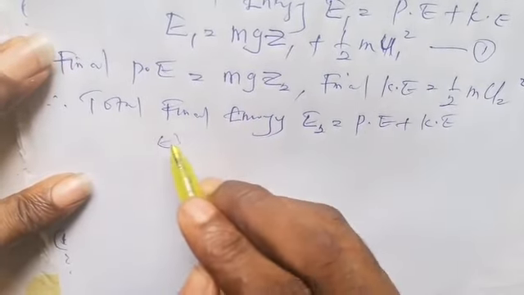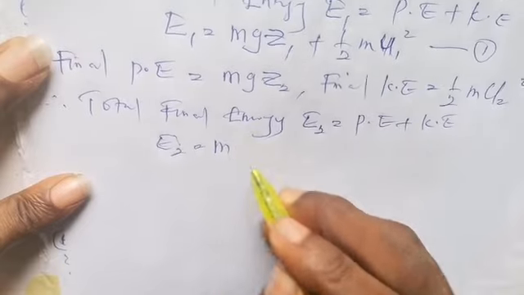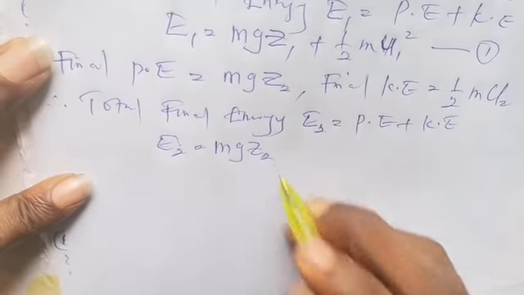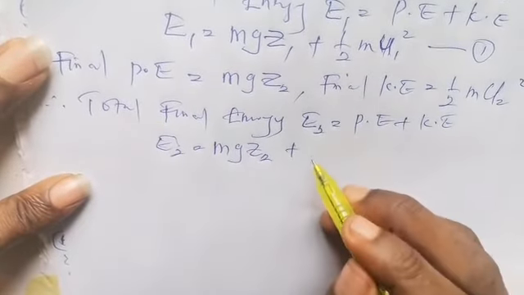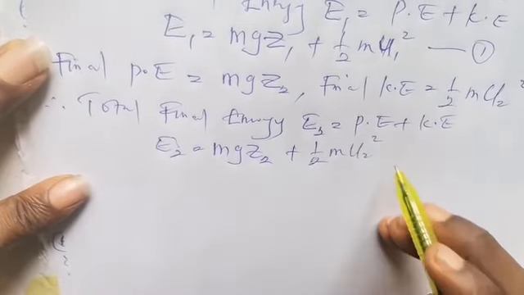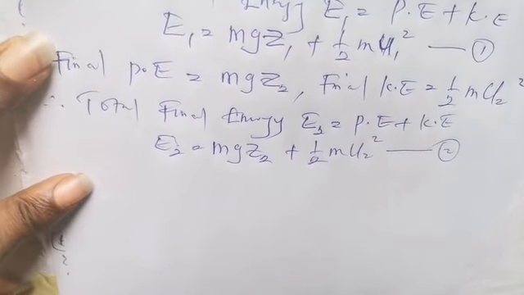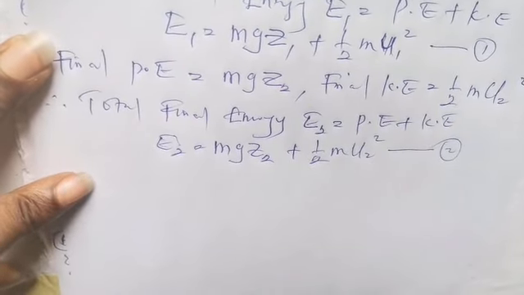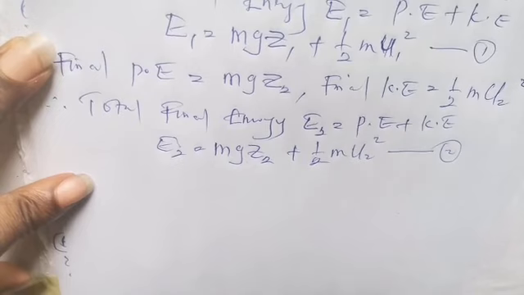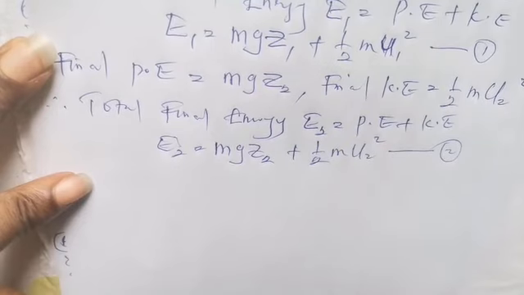So E2 is equal to the potential energy at the final stage or outlet, mgz2, plus kinetic energy, one half m u2 squared. Call this equation 2. Now, since the weight of the trajectory is so large that head loss due to friction is neglected, these become the only two energies that we have.